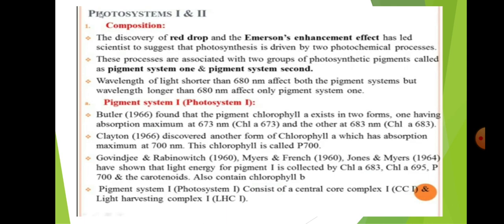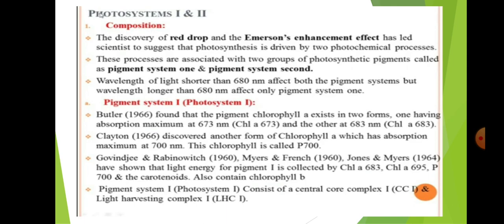Now the composition of photosystem 1, also called pigment system 1. Butler in 1966 found that the pigment chlorophyll A exists in two forms, one having absorption maximum at 673 nanometer, called chlorophyll A673, and the other at 683 nanometer, called chlorophyll A683.